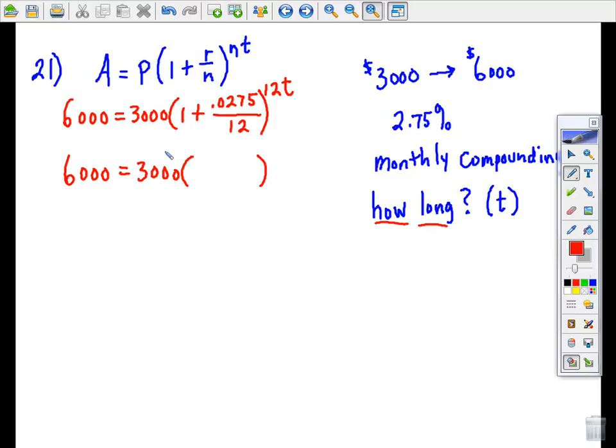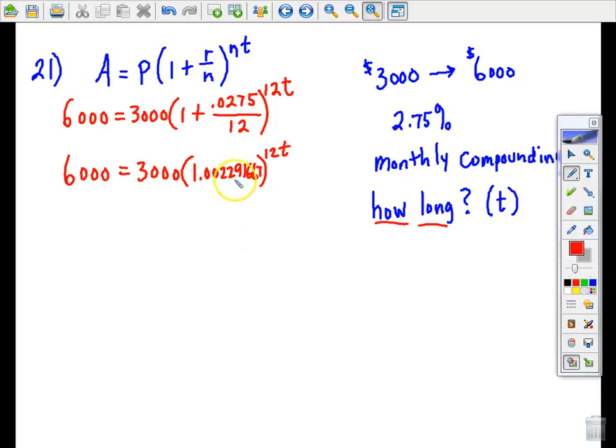And it looks like it's 1.002291667. Double check that. I'm just going to go ahead and write that out: 1.002291667 to the 12t power.